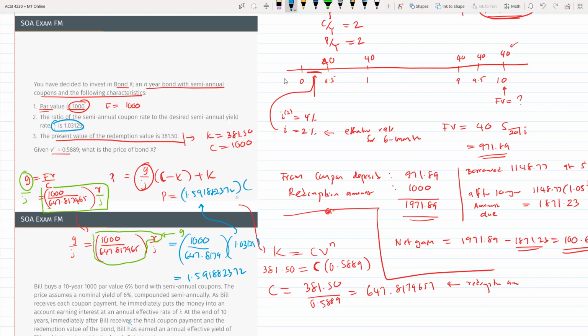Okay. So then the C, we just found C is this one, not 1000, because it's not a par value bond. Par value is just the given. So face value is the only one we know. And then K is 381.50.